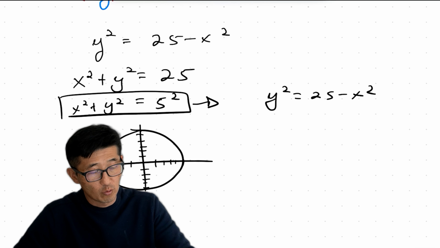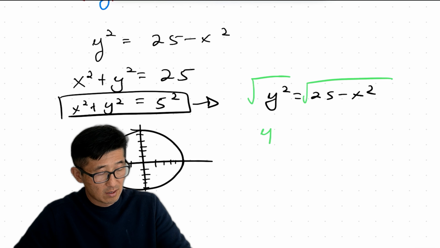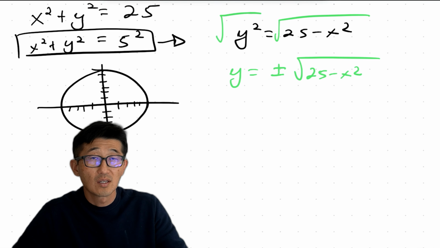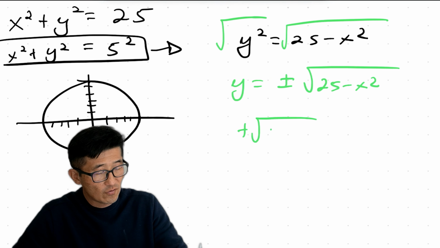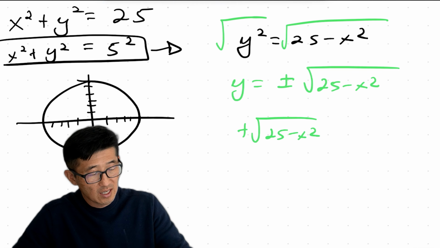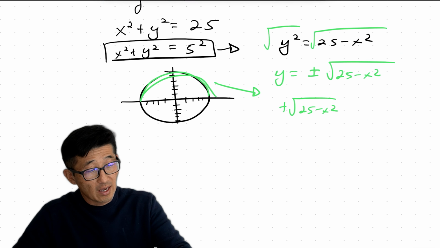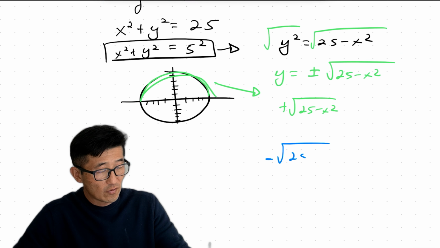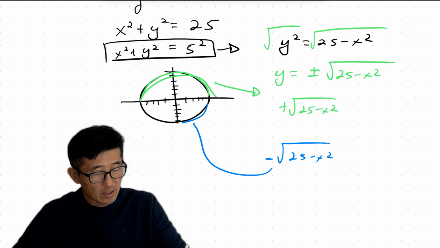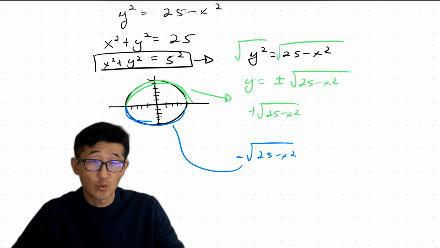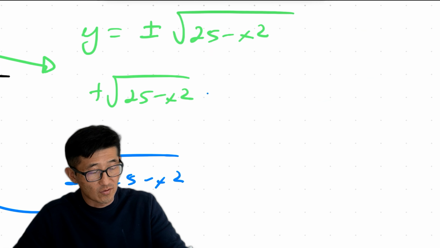If you take the square root of both sides, what do you get? y equals plus or minus the square root of 25 minus x squared. The positive square root of 25 minus x squared is the top portion, and the negative square root of 25 minus x squared is the bottom portion.